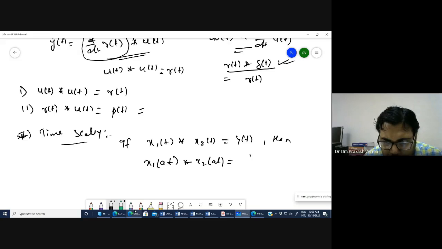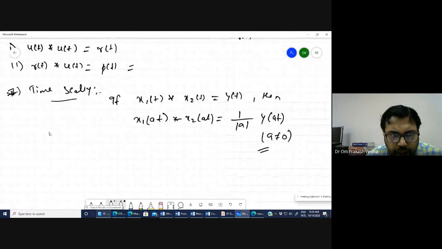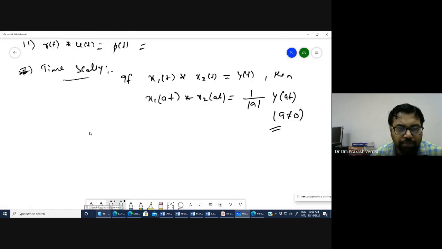The answer will be 1 by mod a times y(at), where a is not equal to 0. This is very important again. We will use this property further.